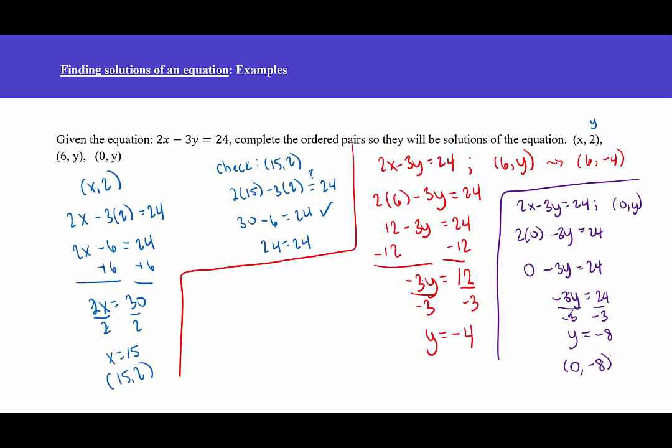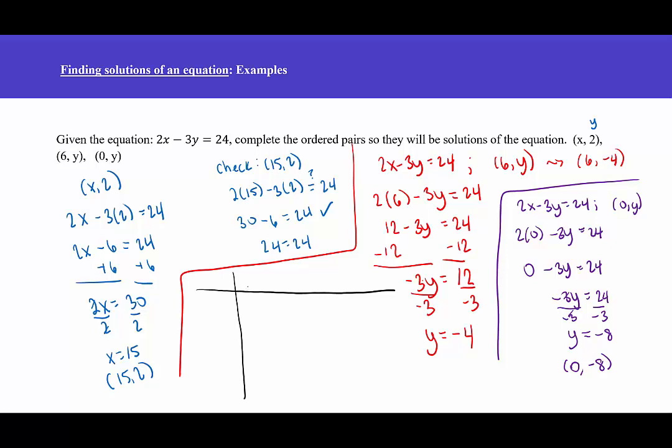So just to look at these, if we were to graph these, now I know these are going to be a little bit tough to graph, especially the (15, 2), but they should form a straight line. So I'm going to do the best I can here. Let's see, draw my axes. 15 is x, and then I need to go down to negative 8 over 6. Okay, so I don't have any negative x's. And again, this won't be perfect because you can already tell my grid is not going to be perfect.